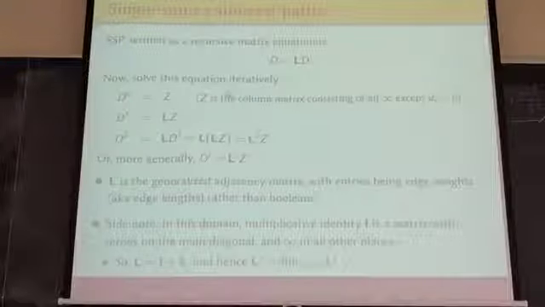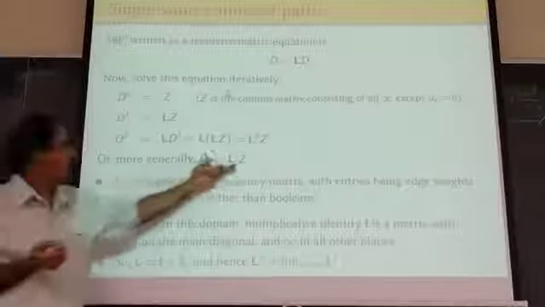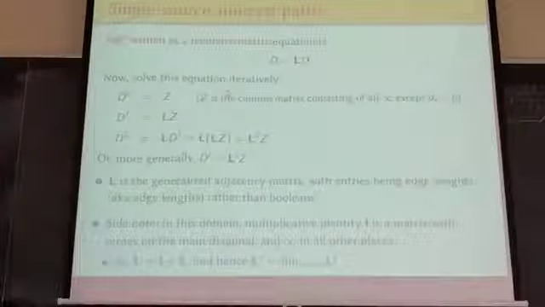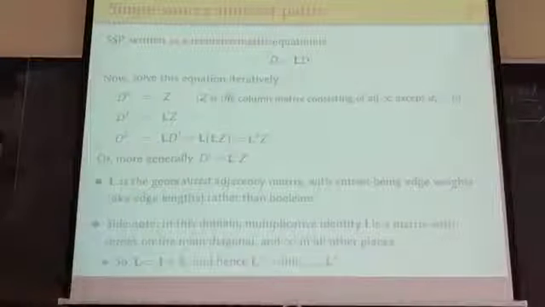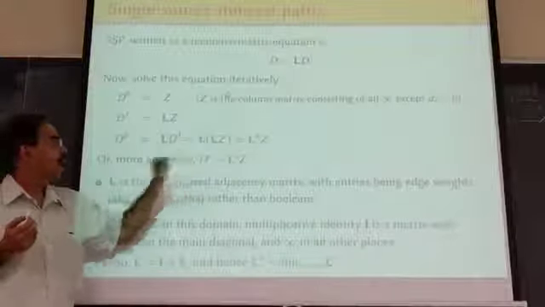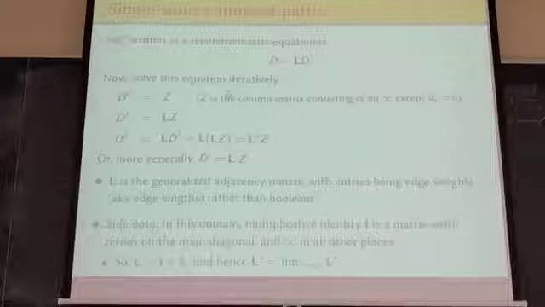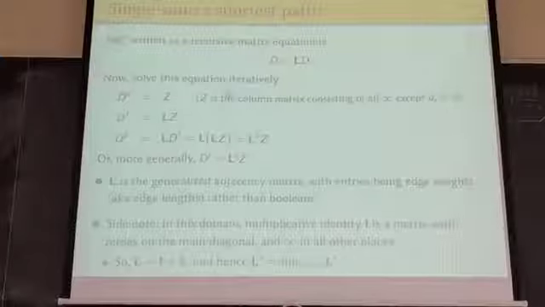On the one hand, you might wonder why I'm using the superscript to mean two different things, but on the other hand, they have this natural relationship, so it has a certain appeal because these two i's kind of match. But really, what we mean is D^i is the ith approximation for D, and L^i refers to L raised to the power i. We have already said L is a generalized adjacency matrix where entries correspond to edge weights rather than being just 0 or 1.